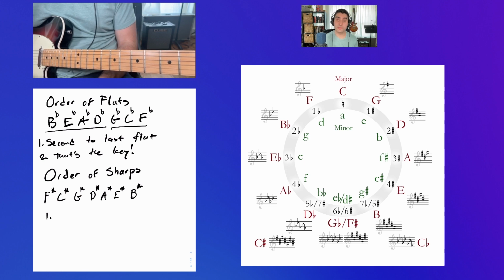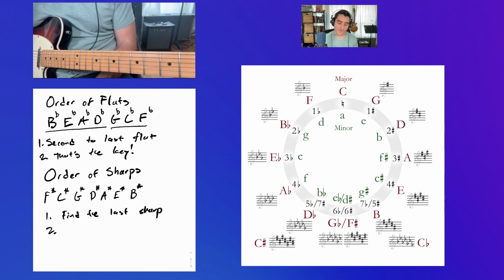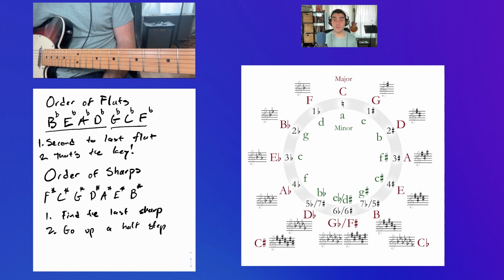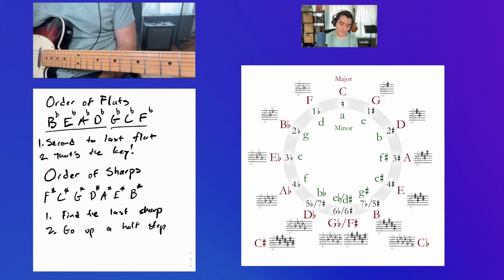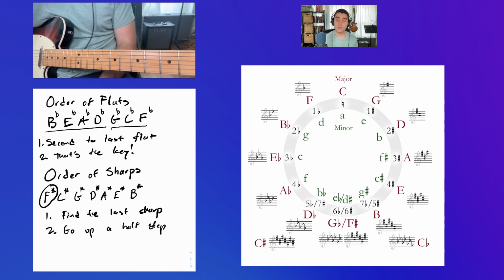With the order of sharps, or figuring out a sharp key signature, what we do is we find the last sharp, and then we go up a half step, and that's the name of the key. For example, if we have a key signature that has one sharp in it, F sharp.